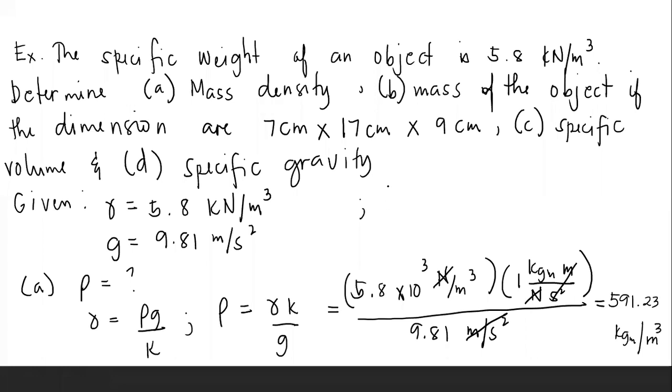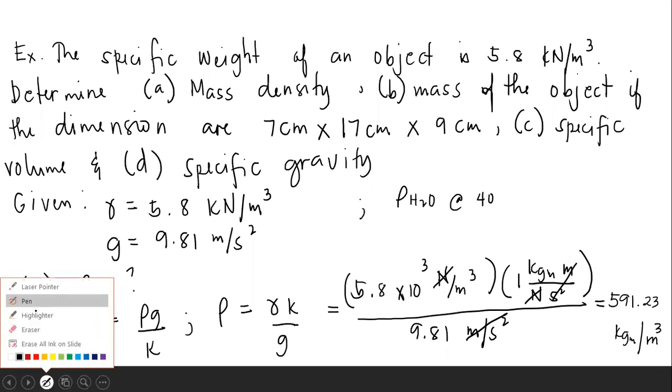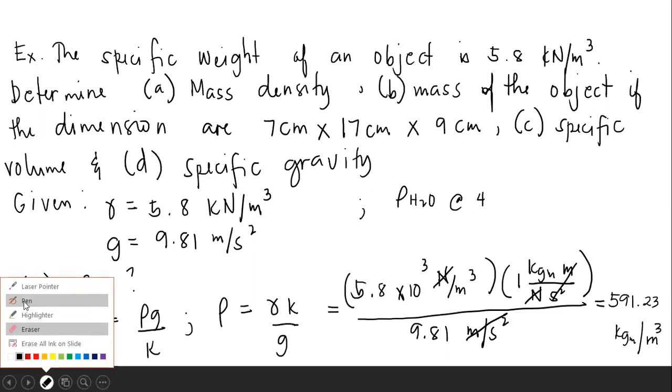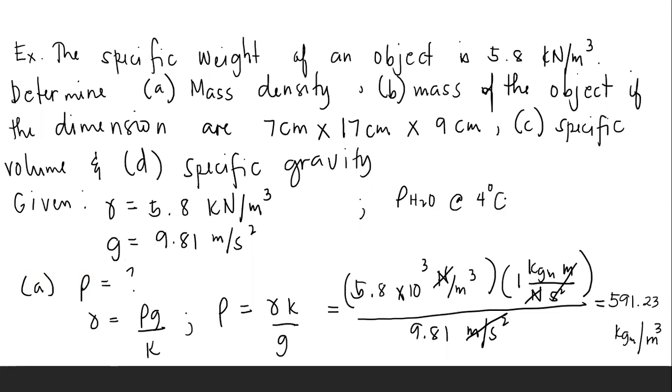Always remember that the density of water at 4 degrees Celsius is equal to 1,000 kilogram per cubic meter, or that is also 62.4 pound mass per cubic feet.